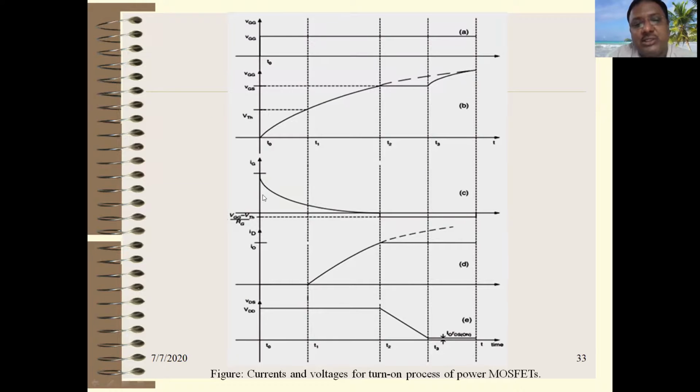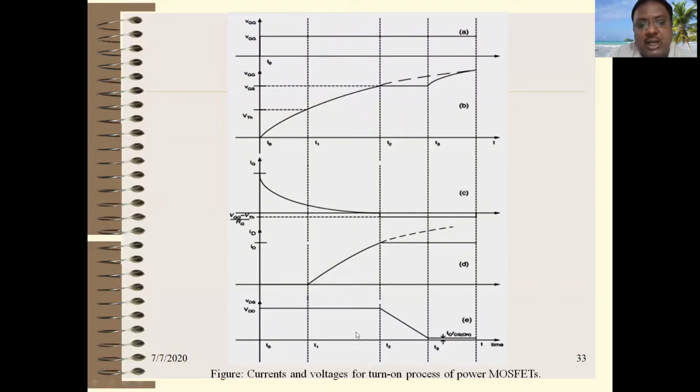As your voltage increases, the current IG becomes 0. Sometimes it will be negative, right? So VDS is high till your device turns on. After that, the voltage across the device decreases, and then it becomes equal to VDS on. That is the device on voltage. So this is the actual turn on of this particular device, the MOSFET.